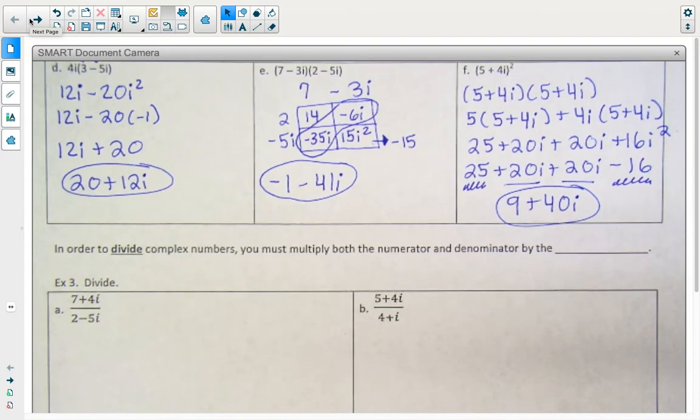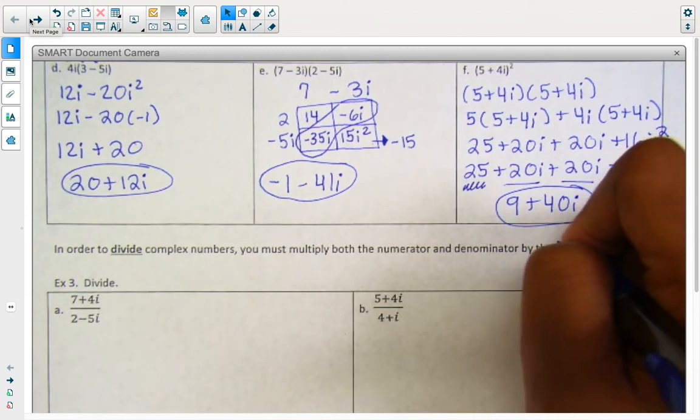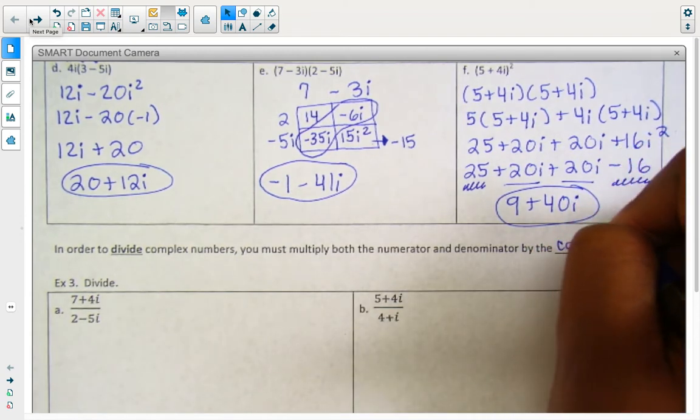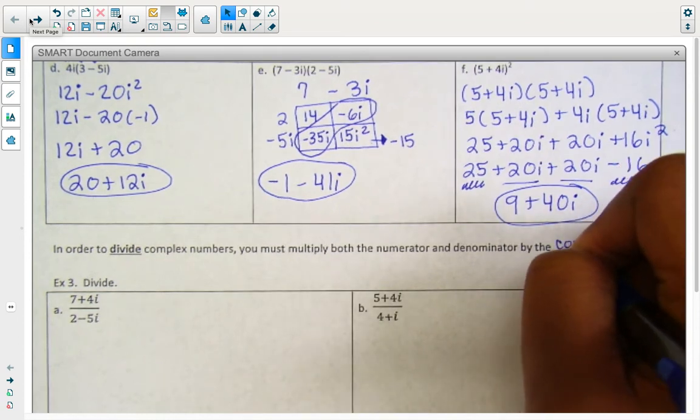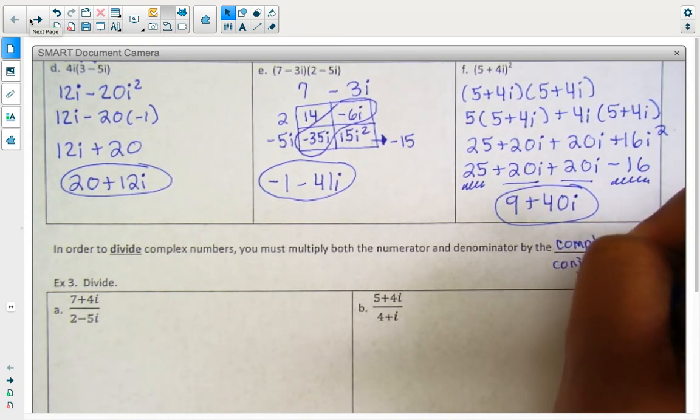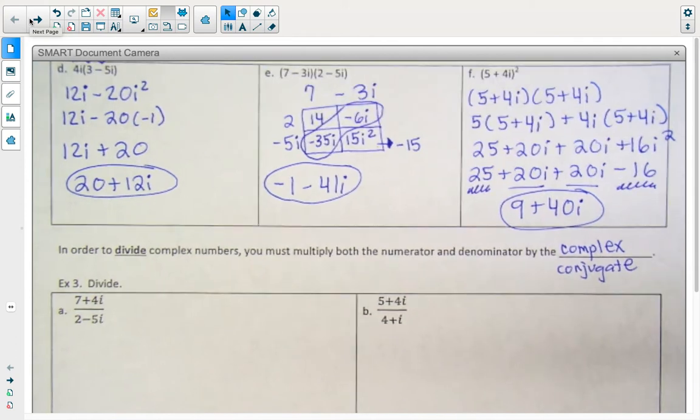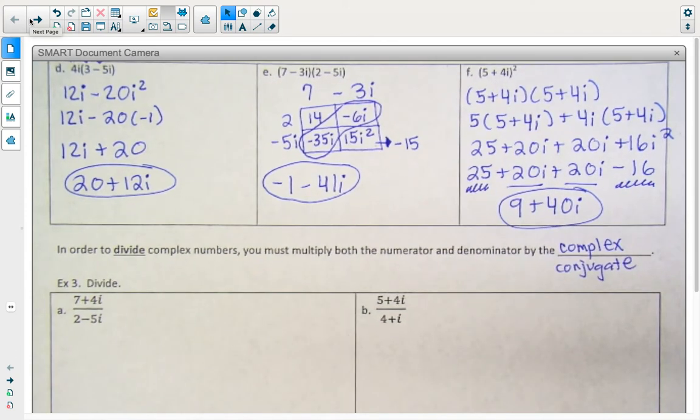In order to divide complex numbers, you must multiply both the numerator, which is the top, and the denominator by the complex conjugate.